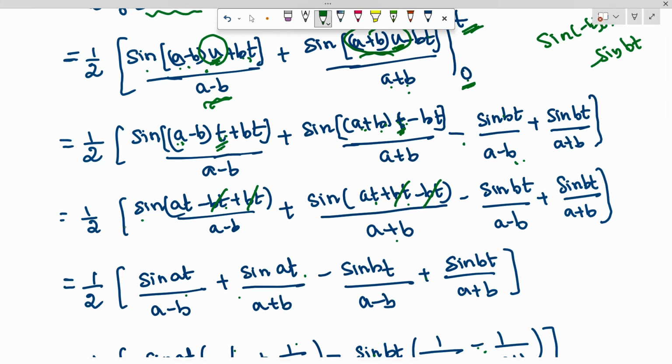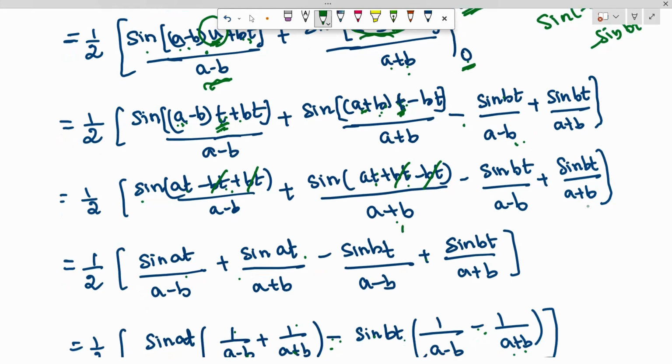1 by 2 into sine of: this t is common for both a and b. Multiply with this t. At the first term, the second term will be minus bt plus bt divided by a minus b, plus sine of at plus bt minus bt divided by a plus b. Third and fourth term will be same.